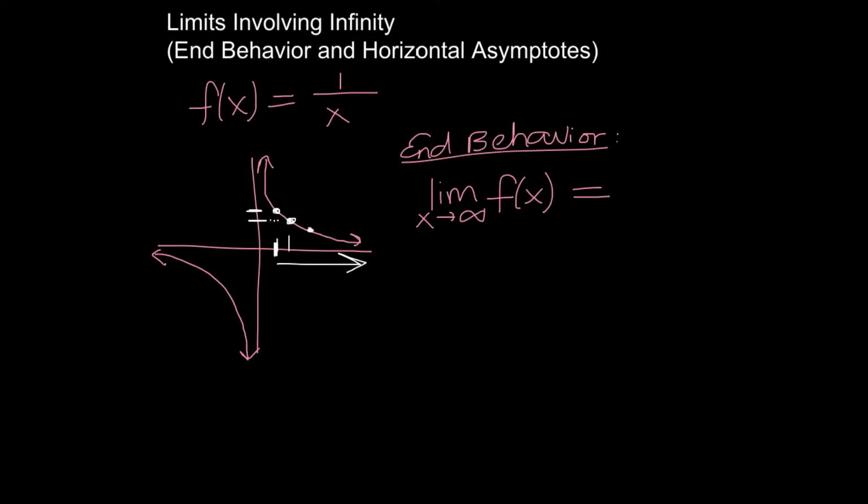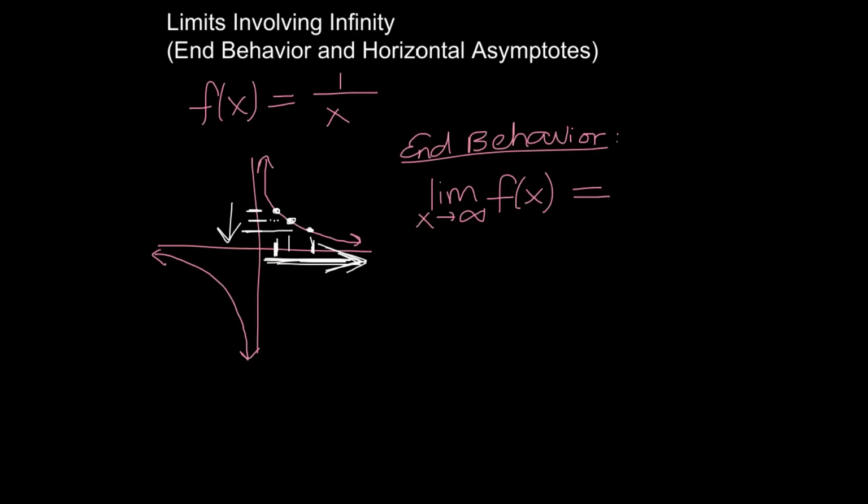For this x value, the y value is over here. So it appears that as x gets larger, the y values, the outputs of those x values, are getting smaller and smaller. In fact, they're getting closer and closer to 0. And if you look at the graph, indeed, the graph is getting closer and closer to the x-axis.